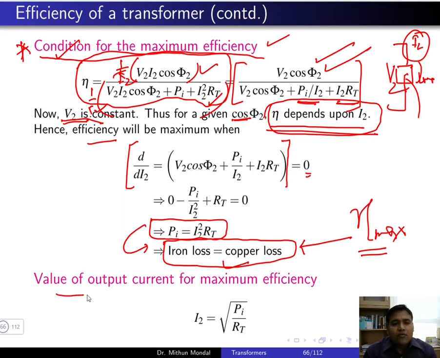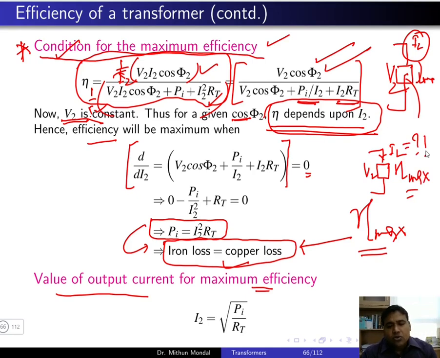Now, the value of output current corresponding to the maximum efficiency. When you are connecting a load on the secondary side, V2 is constant and the current I2 is flowing, and we want the efficiency to be maximum. So what is this current I2? In order to determine the secondary current under the maximum efficiency condition, we use the condition that iron loss is equal to copper loss.